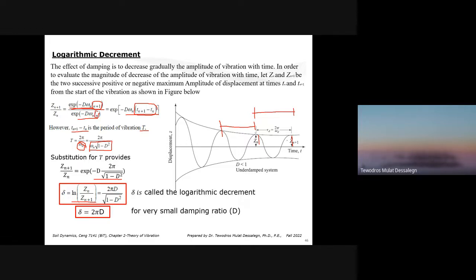So the difference between the two amplitudes is finally just in terms of the damping ratio. Or if the damping is small, it can even be simplified as 2 pi d. Why we do this is it helps us calculate damping.